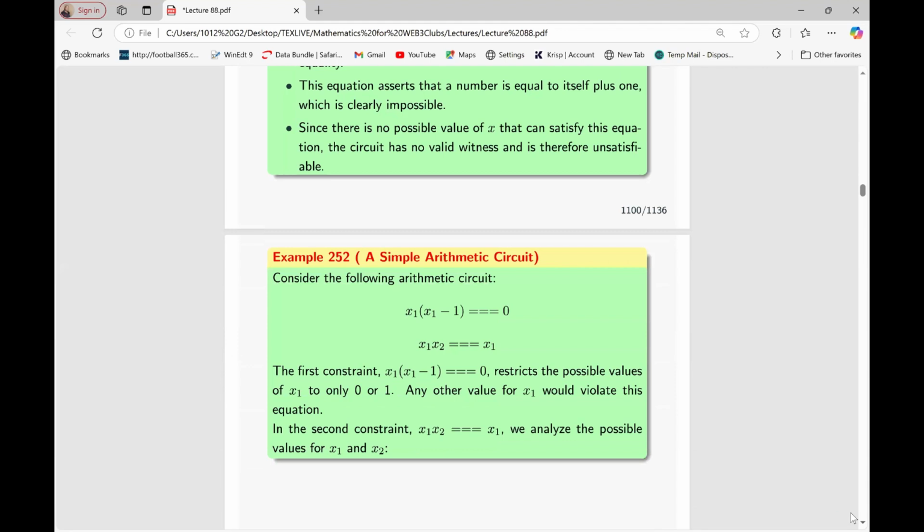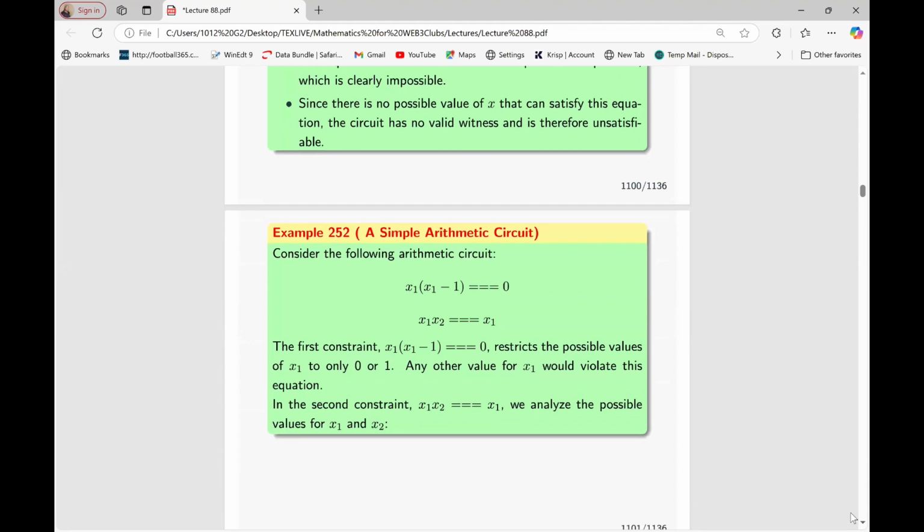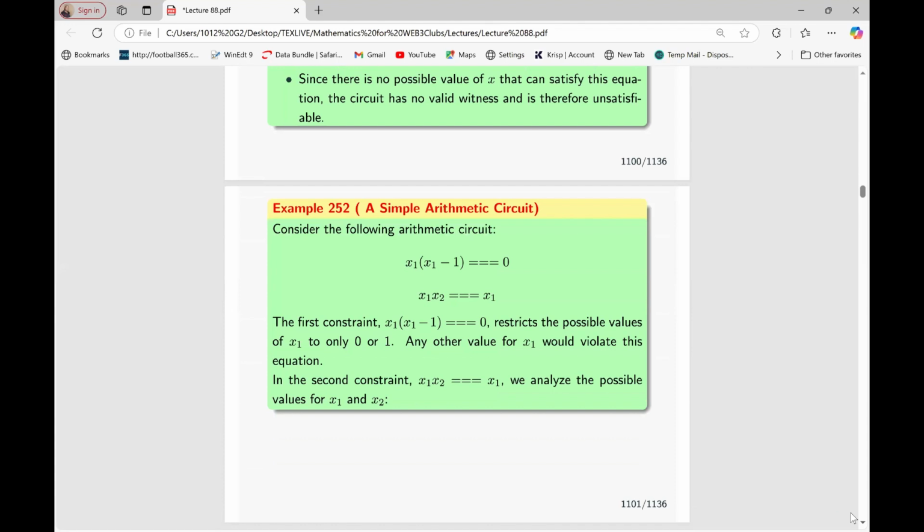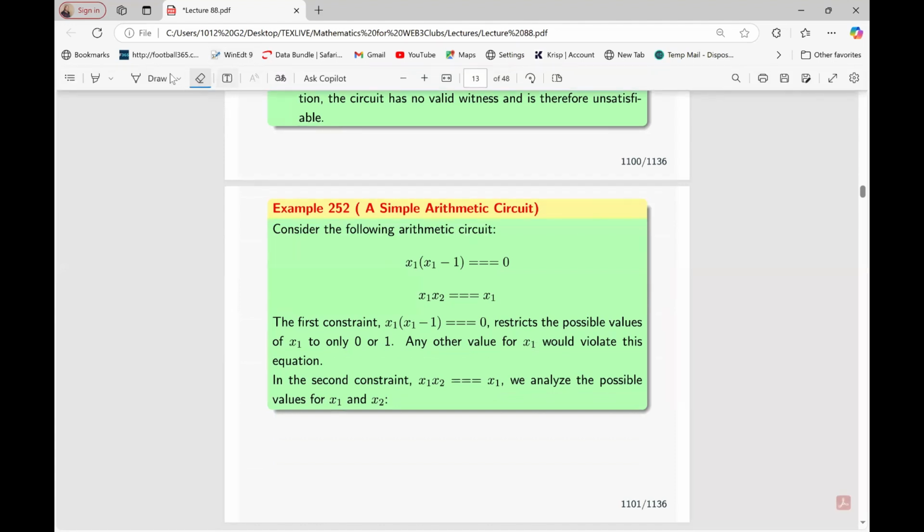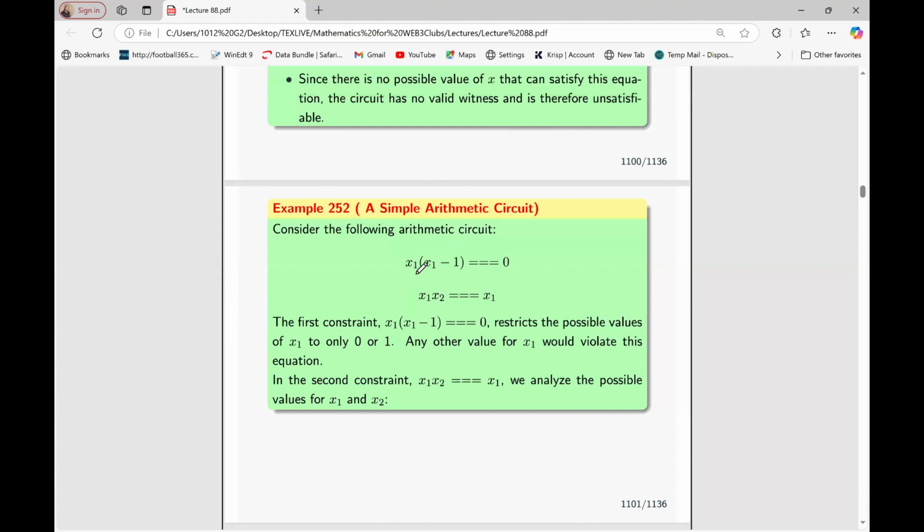Now let's look at these other constraints, this arithmetic circuit. Of course, we know how a programming language would interpret this, and we shall also be interpreting it. These are two constraints here. So the prover is supposed to provide witness x1 and witness x2.